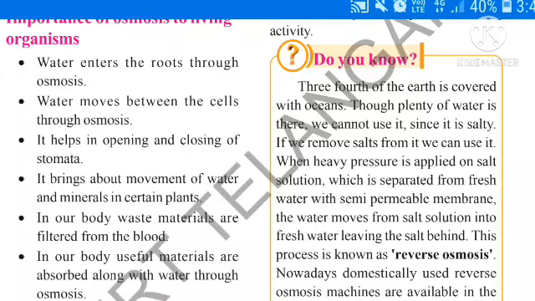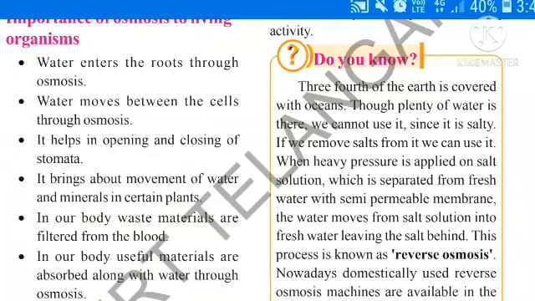How to remove this salt from the oceans and seas? When heavy pressure is applied on salt solution, which is separated from the fresh water with a semi-permeable membrane, the water moves from the salt solution into the fresh water, leaving the salt behind. This process is called reverse osmosis.